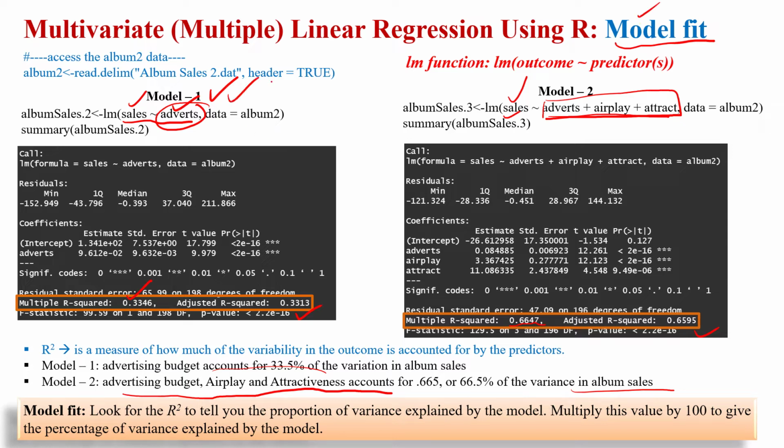We will check model 1 as well as model 2. Right now we are not talking about which one is the better one. We are just checking whether model 1 is significant, which means whether advertisement expenditure is significantly able to explain the variation in the sales. Similarly over here, whether advertisement expenditure, airplay, and attractiveness are significantly able to explain the variation in the sales.